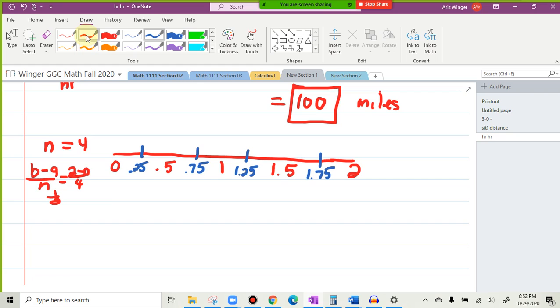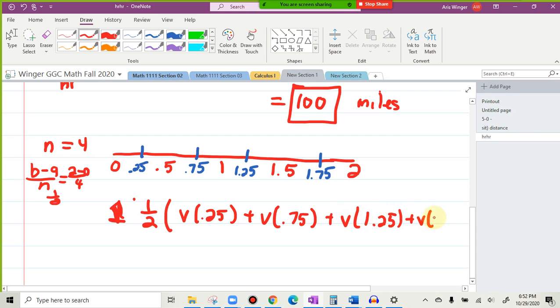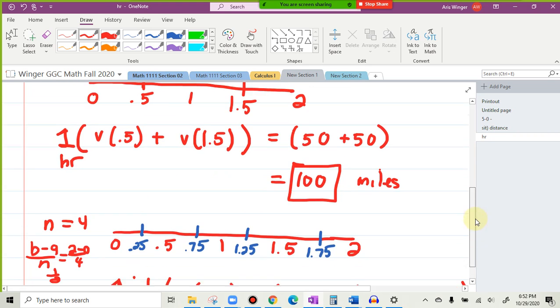And so it's going to be 1, which is b minus, oh, I'm sorry, it's not 1, it's 1/2. It's 1/2 times v at 0.25 plus v at 0.75 plus v at 1.25 plus v at 1.75. And we have all those numbers.